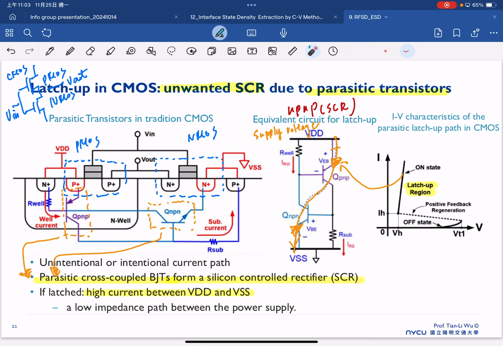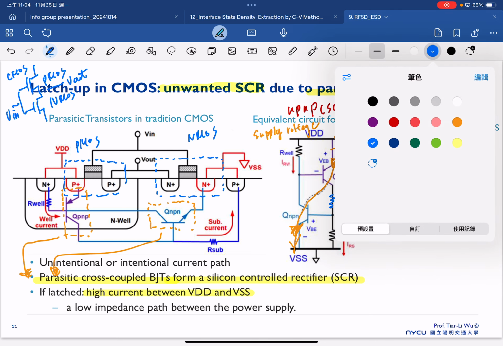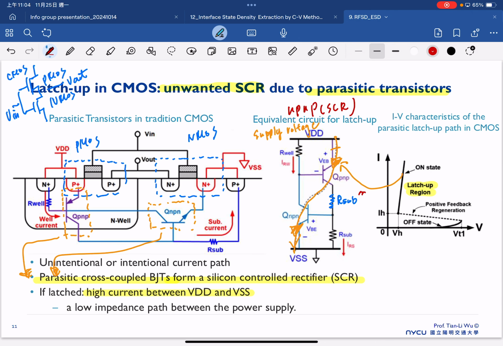Once we increase the substrate resistance here, you can reduce the current flow in here and also reduce the current flow here. So if you consider the substrate resistance, and we have a higher resistance substrate, that means the current flow in this region is reduced.